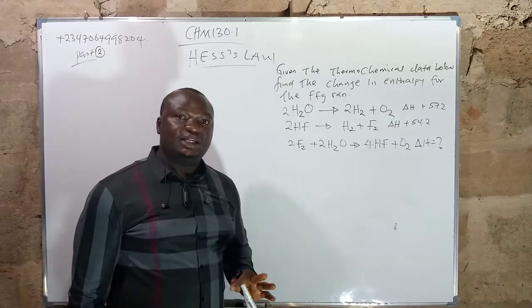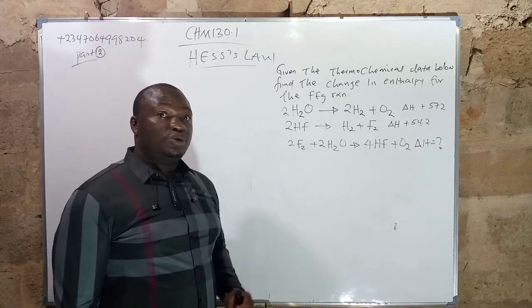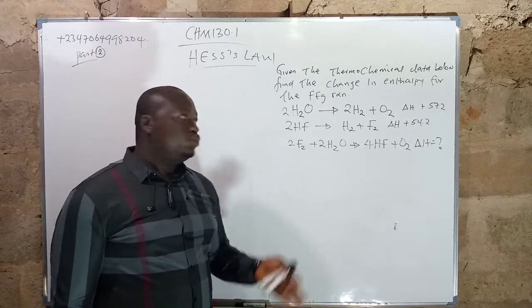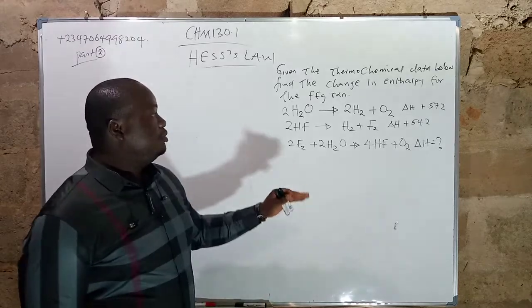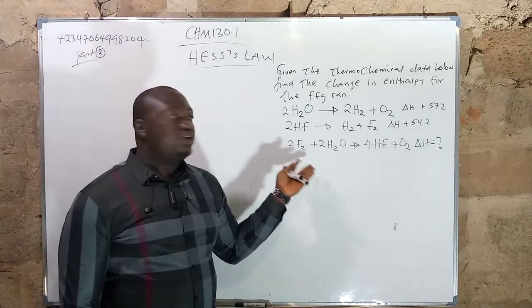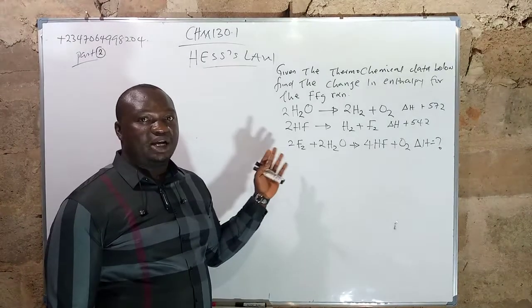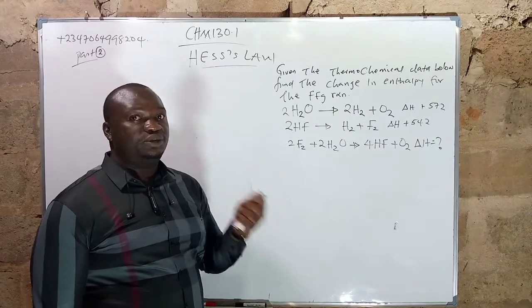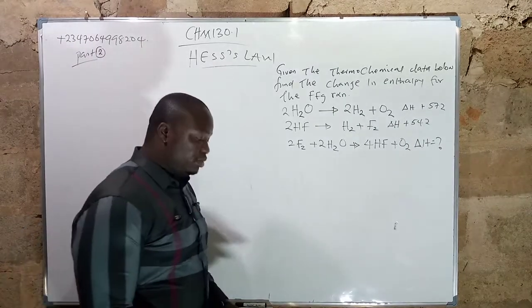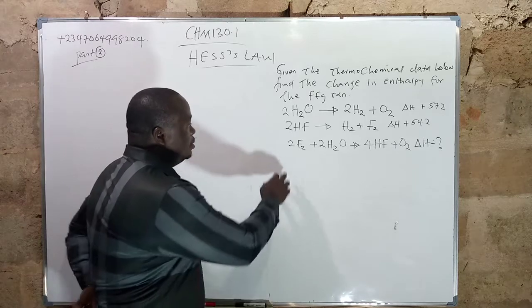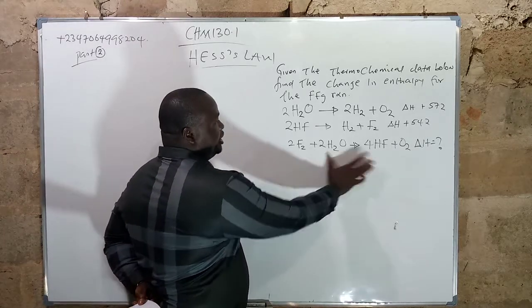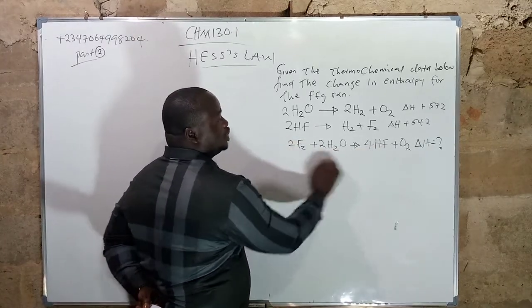Remember the rules I said in part 1 of the video. If you have not watched part 1, endeavor to watch it. It's on our channel. If you don't have prior knowledge of this calculation, it may be very hectic for you. Now, remember these are base reactions, so we are not touching this.